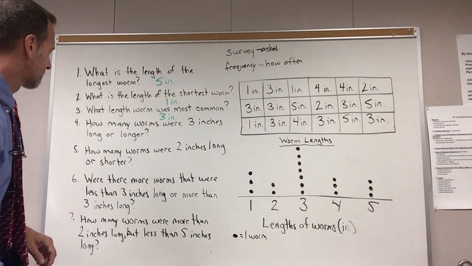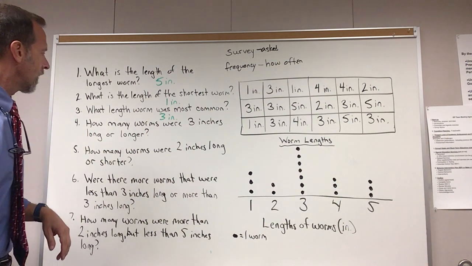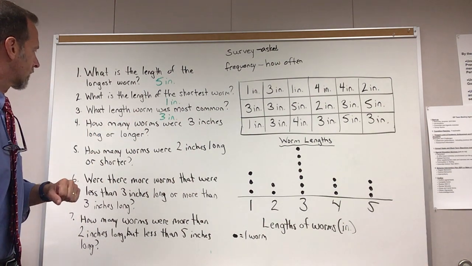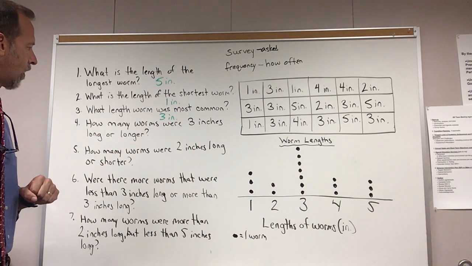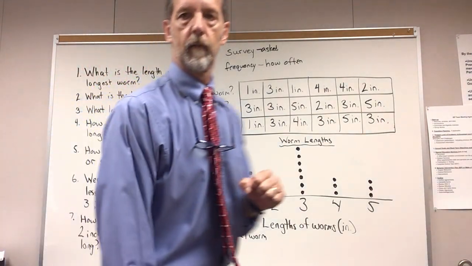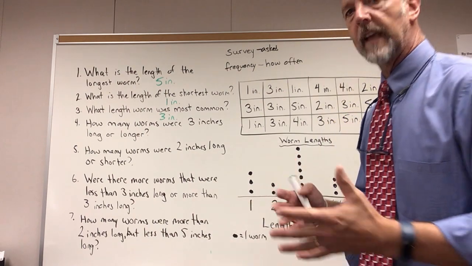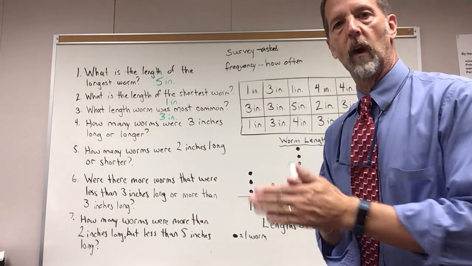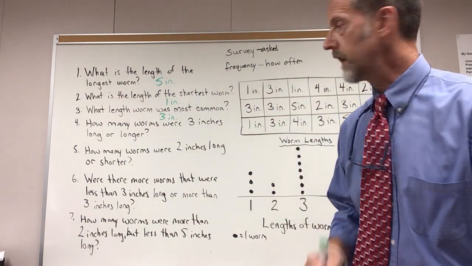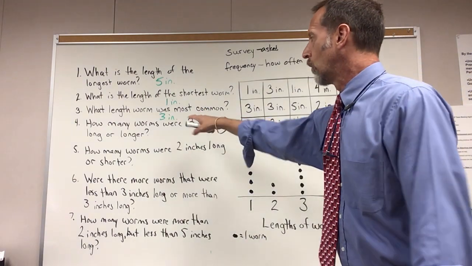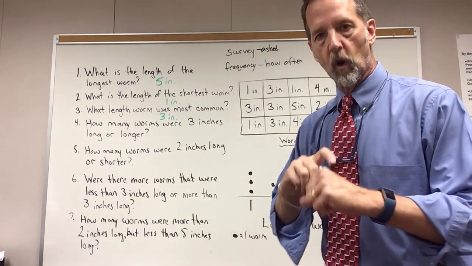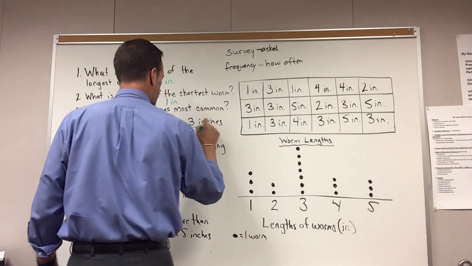Number 4, how many worms were 3 inches long or longer? All right, these kinds of questions, you have to really pay attention to where it's telling you to start and where it's telling you to go. All right? How many worms were 3 inches long? Let's start there. 3 inches long.